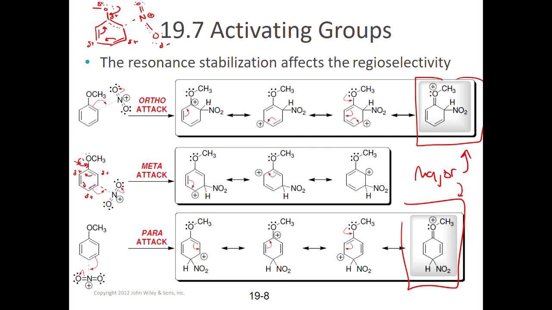It's more stable to put a positive on an oxygen and make all the noble gas configurations for all the atoms than to have it on a carbon which has an incomplete noble gas. So not only does the transition state and intermediate have more resonance when the reaction occurs at the ortho or para position, it's also the most significant resonance contributor, which really helps to stabilize it.